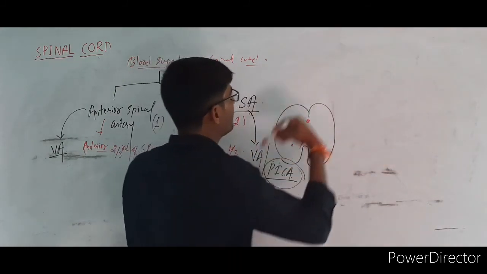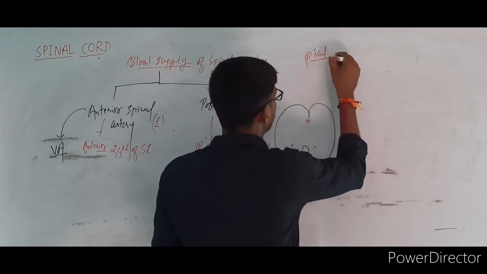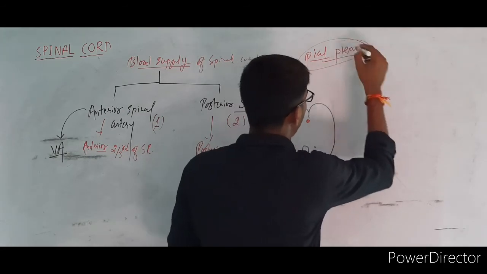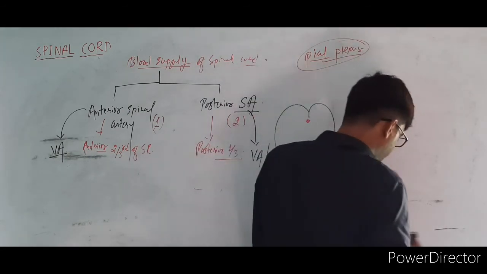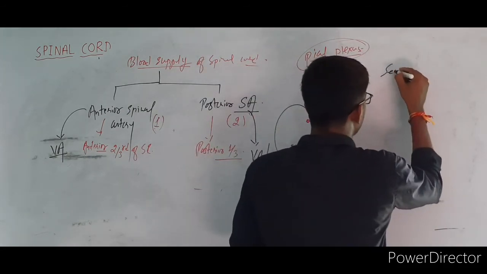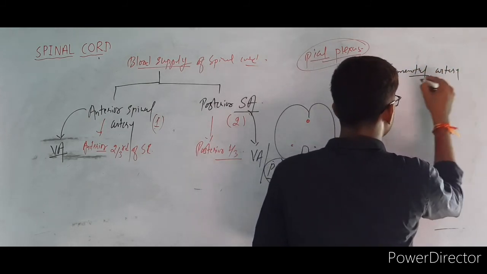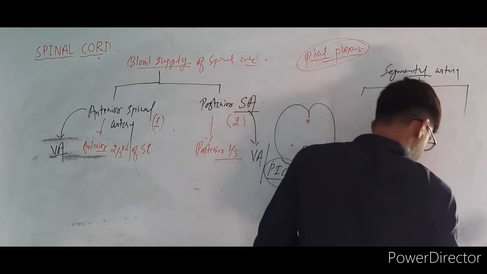See, here is one plexus. Okay, so what will happen in this condition? See, the segmental artery is there. The segmental artery is of two types.